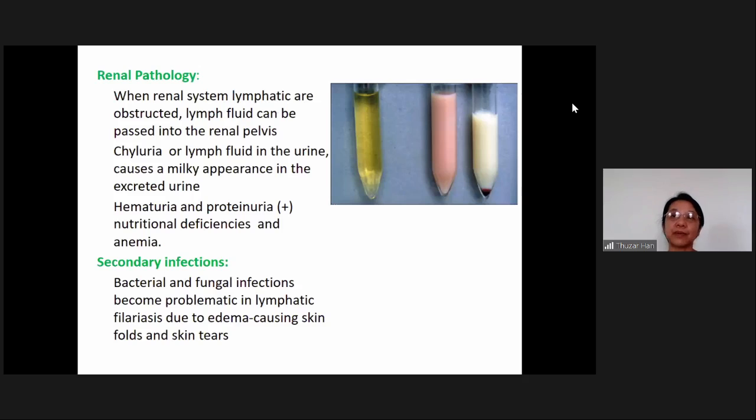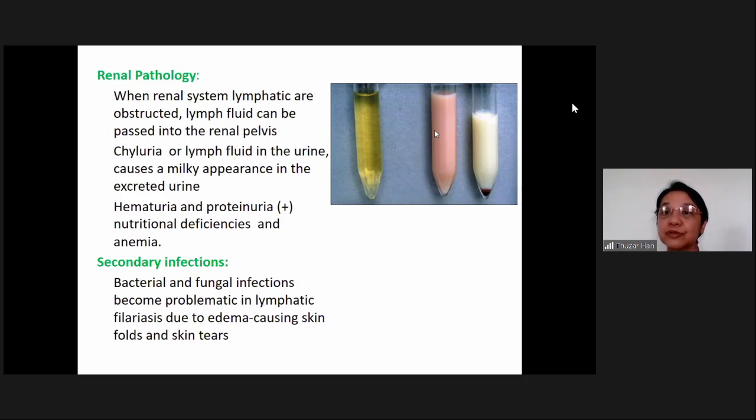So this is about the diagnosis. If you suspect this is a case of lymphatic filariasis, you must ask the patient to collect urine. Because of the inflammation in the lymphatic system, the ducts dilate, finally rupture, leaking lymph into the urine.